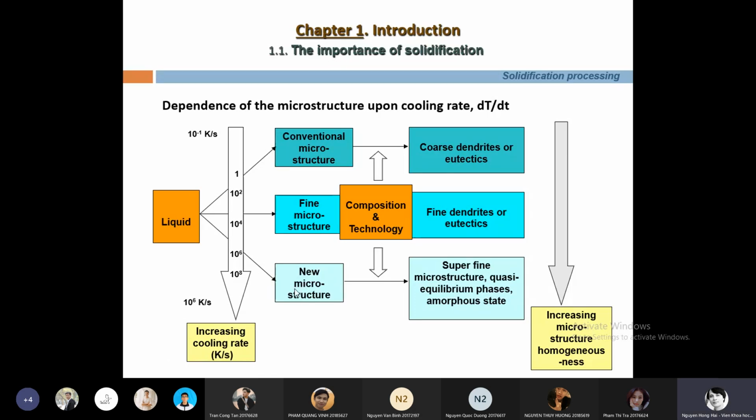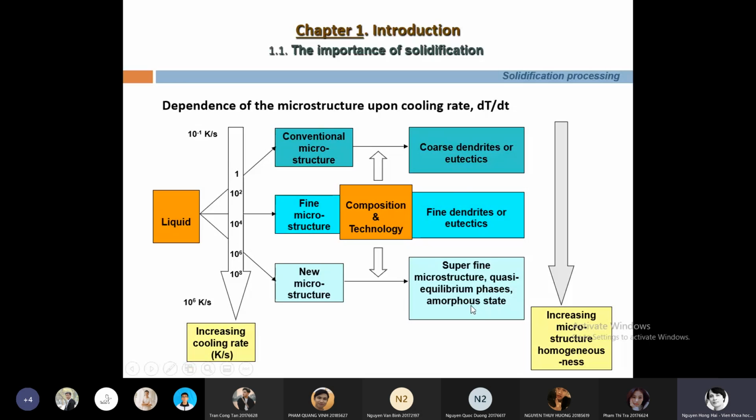See the dependence of the microstructure on the cooling rate. At the high cooling rate, you can have the superfine microstructure, quasi-equilibrium phases, amorphous. The microstructure can change from very coarse to the amorphous state.